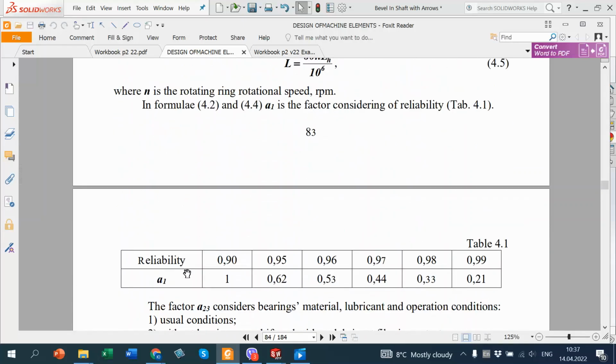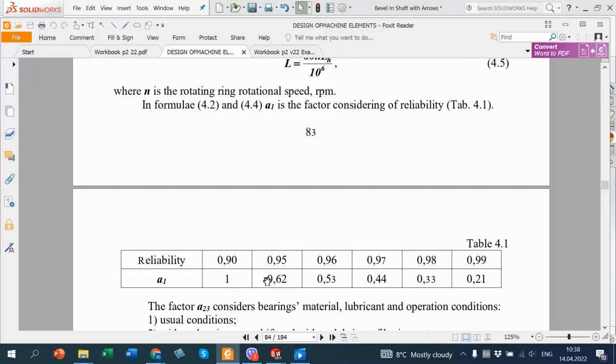A1, it is reliability factor. Normal reliability is 90%. It means that 90 bearings can work during service life without damages, and 10% may be with damages.